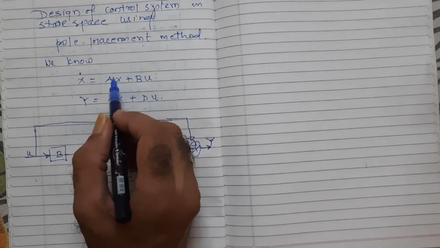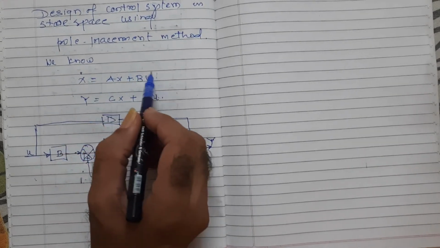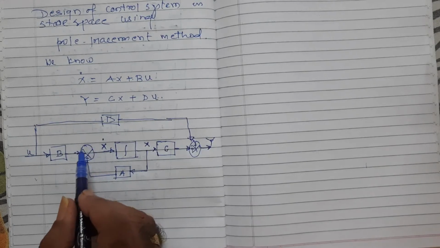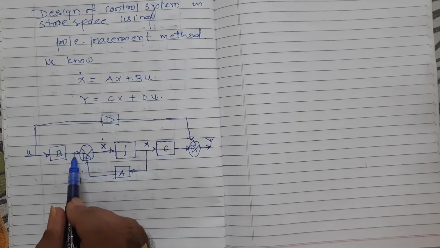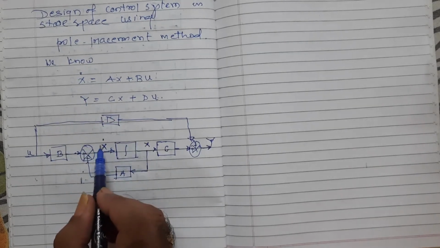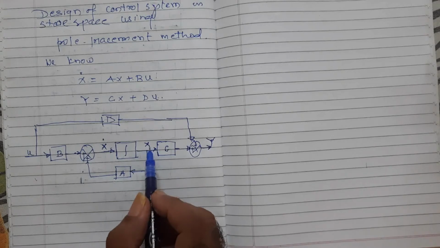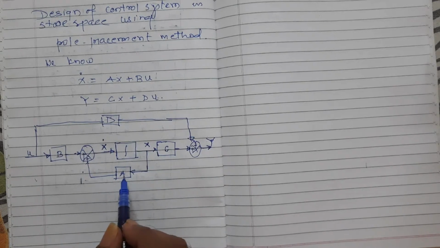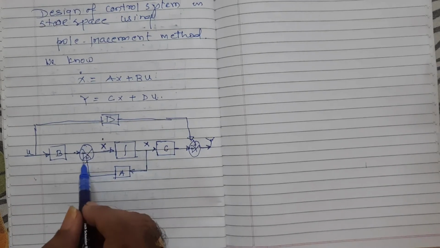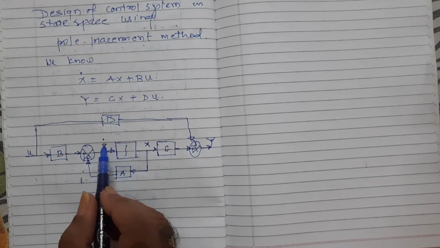Plus A into x we want, so the sum of these is x dot, so I will put here one summation point and its output becomes my x dot. Now x dot I will integrate, so I will get x here. This x is multiplied by A, so here I will have A into x plus B into u, that is x dot.